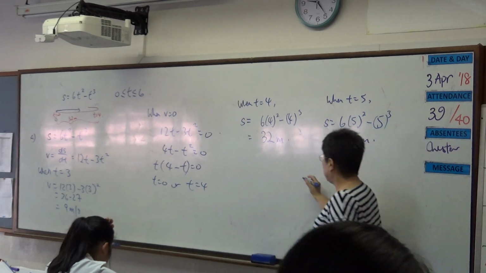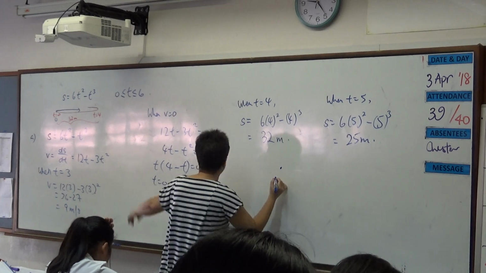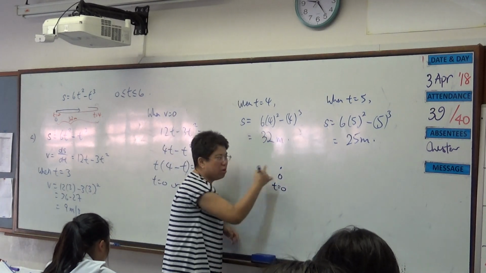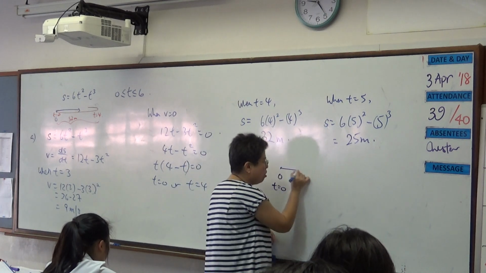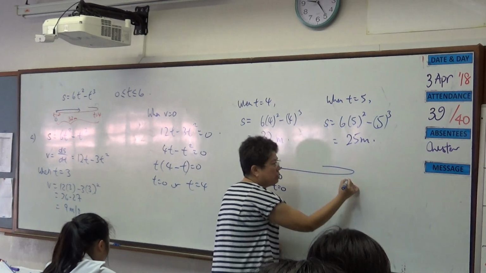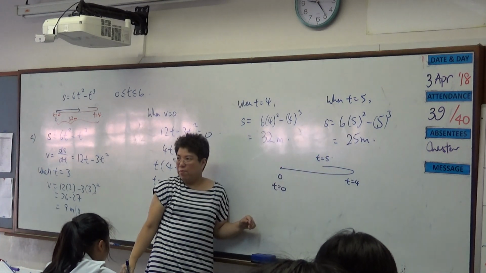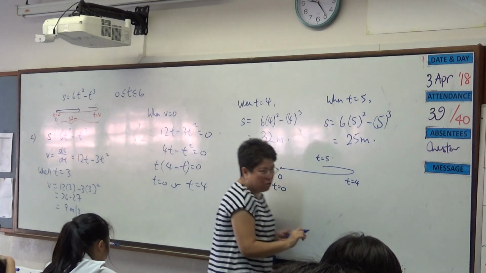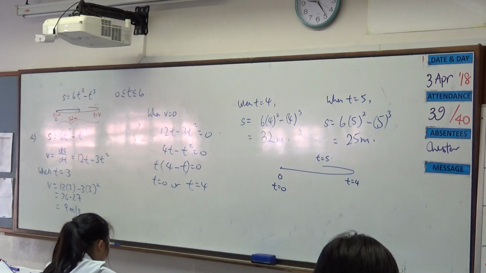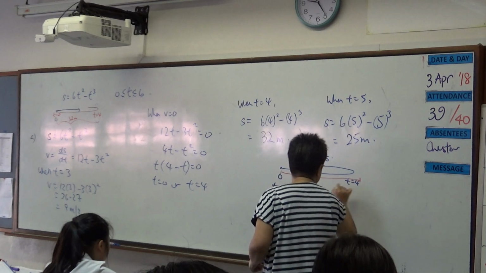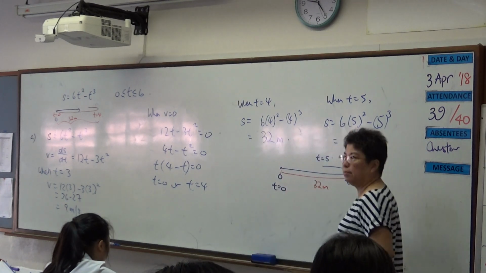Okay, this is what I'm going to draw. When t is 0 it is here. If you go this way, then down, this is t equals to 4. This is t equals to 5, right? Everybody okay? Now, do you agree that from here to here is 32 meters?